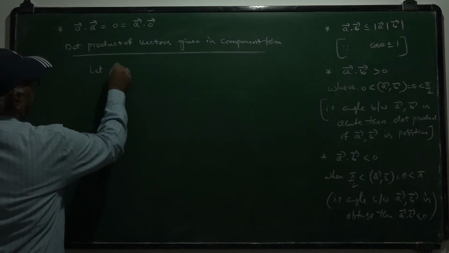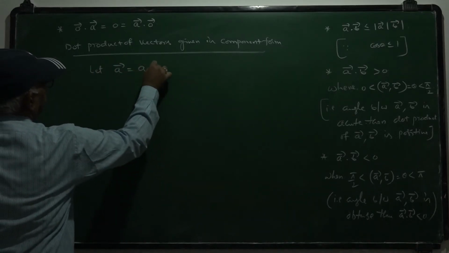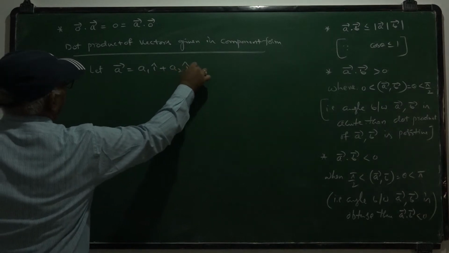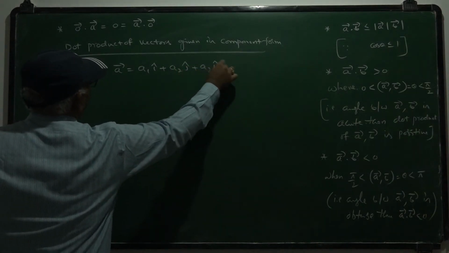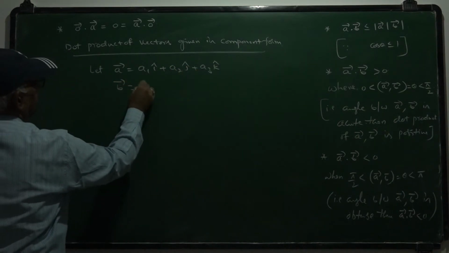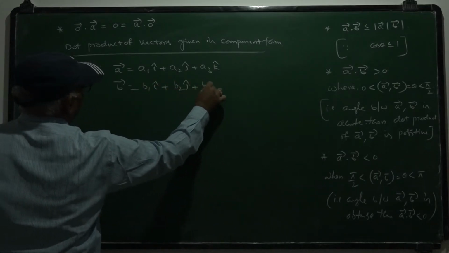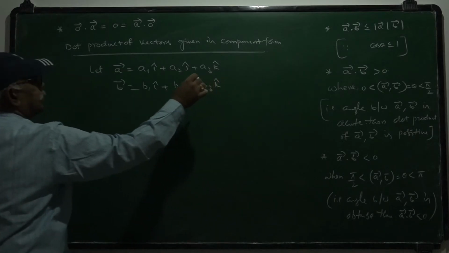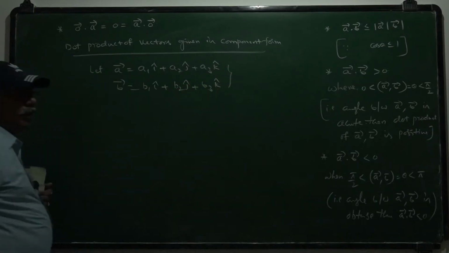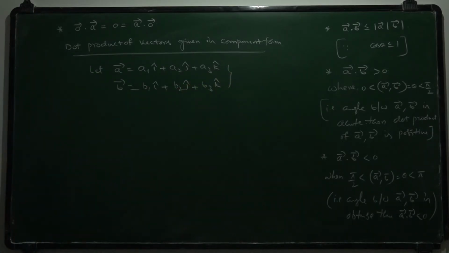Let A bar equal A1 i plus A2 j plus A3 k, and B bar equal B1 i plus B2 j plus B3 k, be the given two vectors.